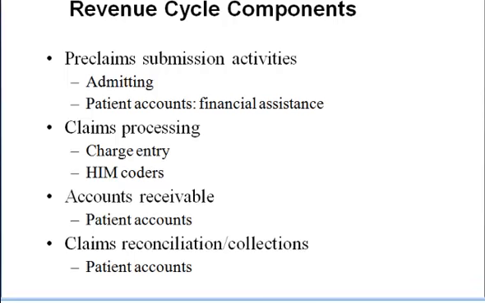A facility may be composed of many units, such as registration, lab, coding, etc. A physician practice may be one service area and one business office, and the next facility may have many different areas. The major components of a revenue cycle are pre-claim submission, claims processing, accounts receivable, and collections.